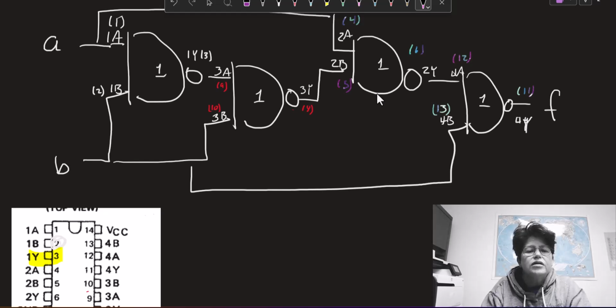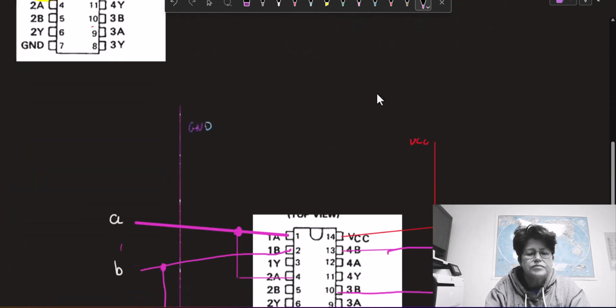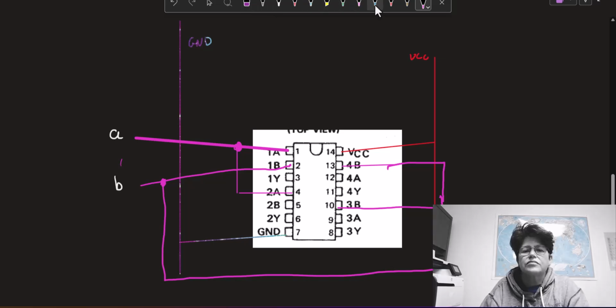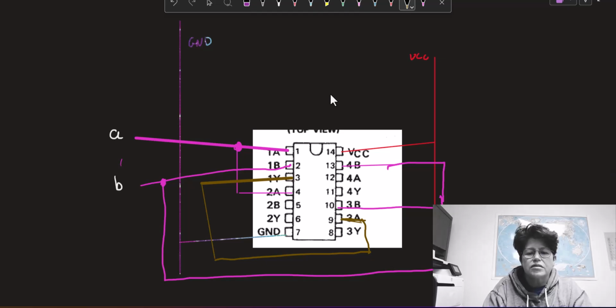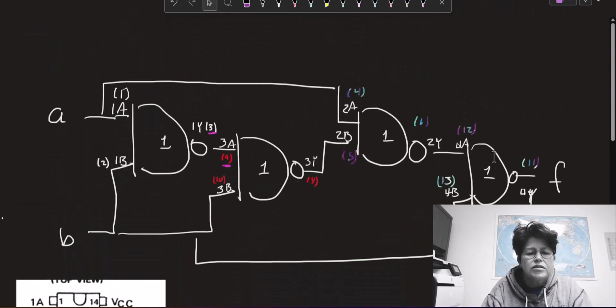Alright, and then 3 goes to 9. So right here, I see 3 goes to 9.